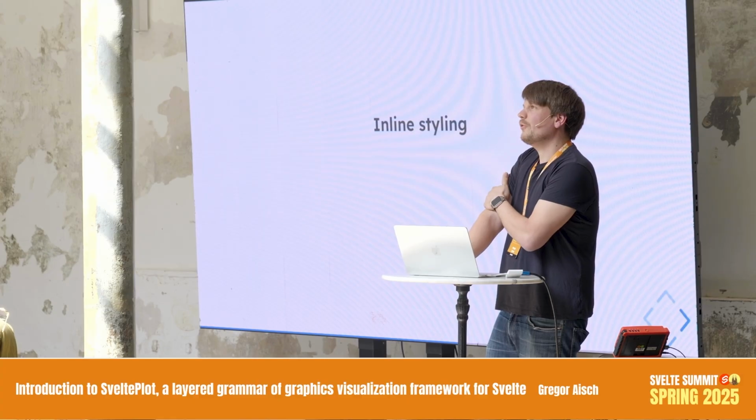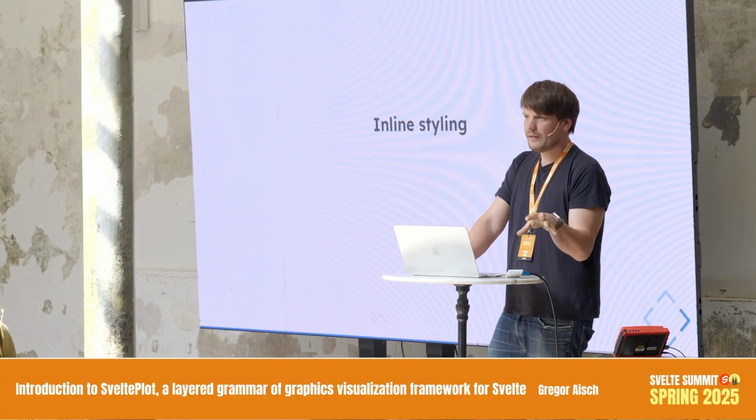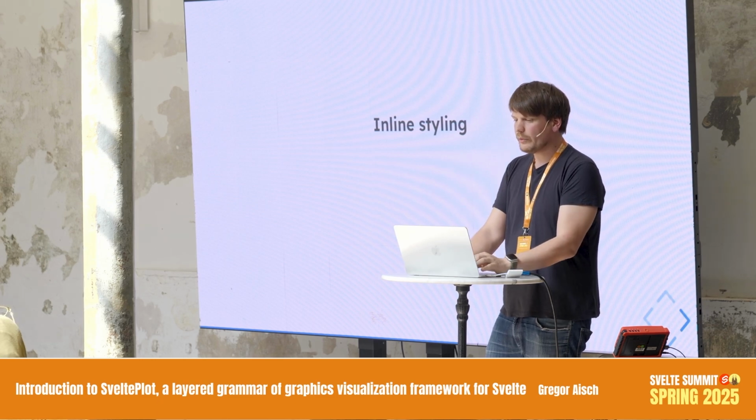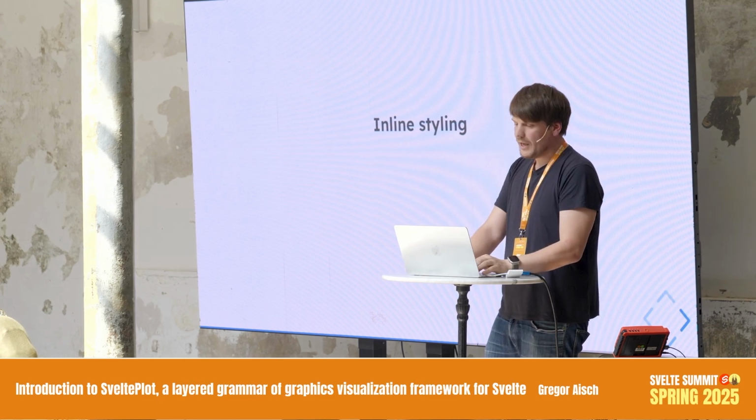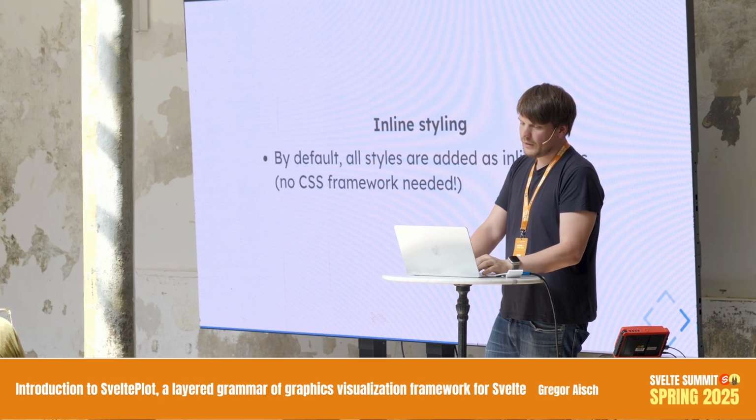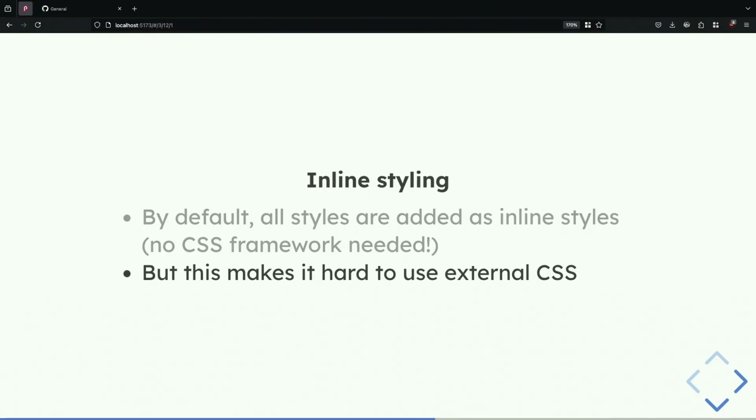We ran into a few issues. All the styles are inline styles. We're not using Tailwind or any CSS frameworks. So that makes it a little hard to use external CSS to override the marks. For instance, say my tick marks, I want to use a different color for them, but I don't want to pass it as props to the axis component.